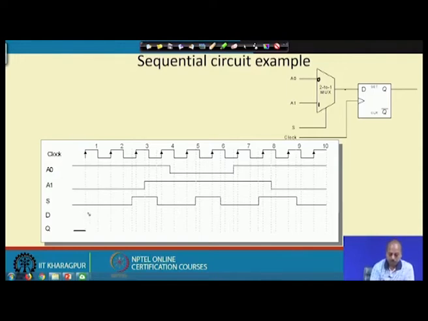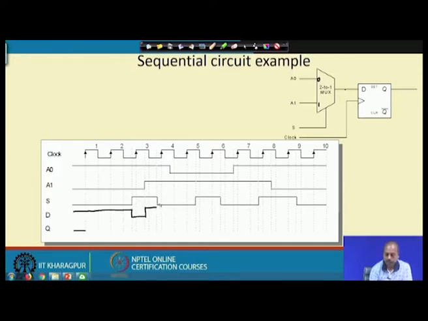So, for this much time, this D input is high, and at this point it is becoming low, and it will remain low for this time, then A 1 is becoming high. Okay. So, it continues like this, then S is becoming low.